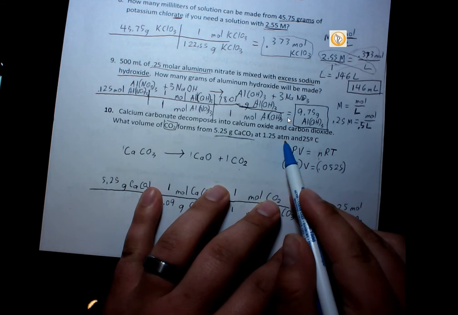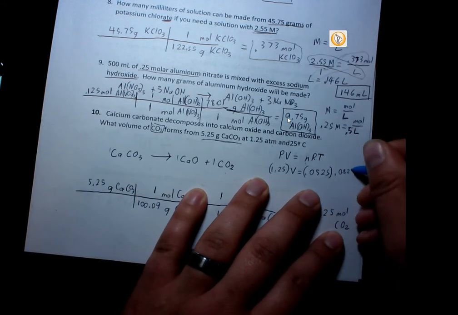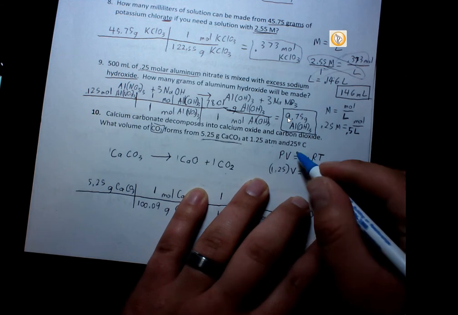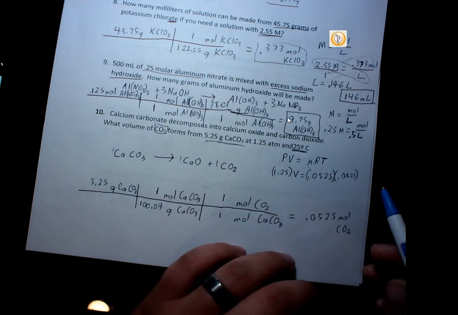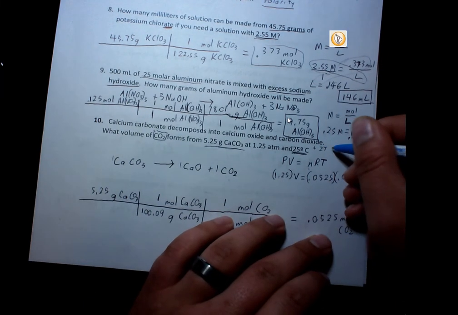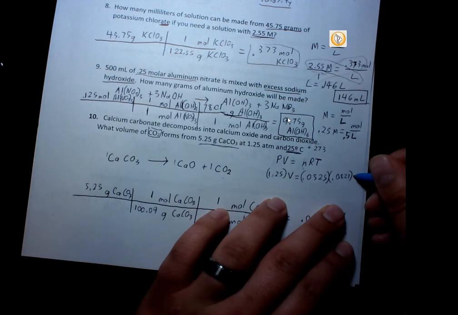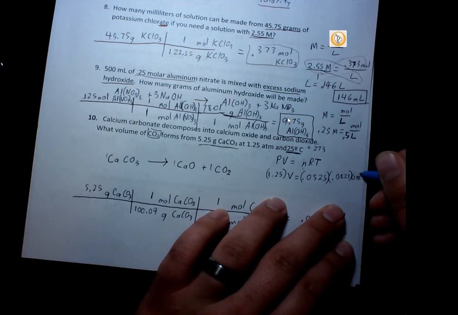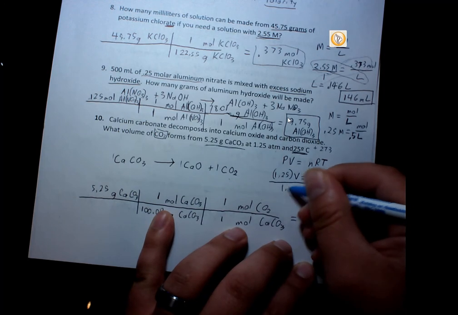Our pressure is in atmospheres, so R is going to be 0.0821 times temperature. So temperature here is at 25 degrees Celsius. We can't have it in Celsius. We're going to add 273 to that, which is going to give us 298 Kelvin. Get rid of the pressure.